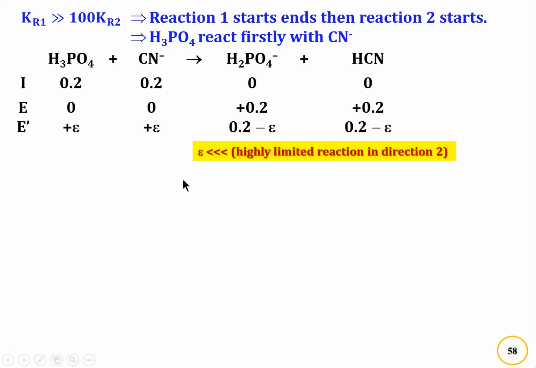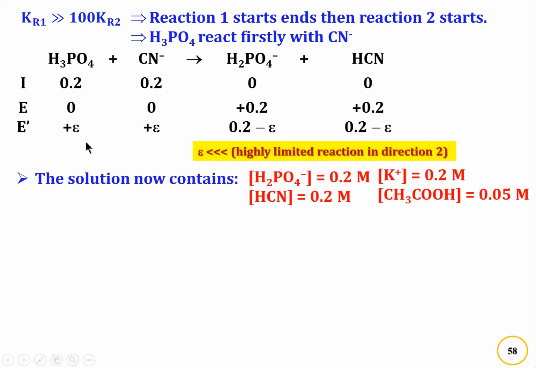But epsilon is negligible because the reaction is limited in direction 2. So we can neglect epsilon with respect to 0.2, and we keep this epsilon if we want to calculate H3PO4 and CN- remaining.